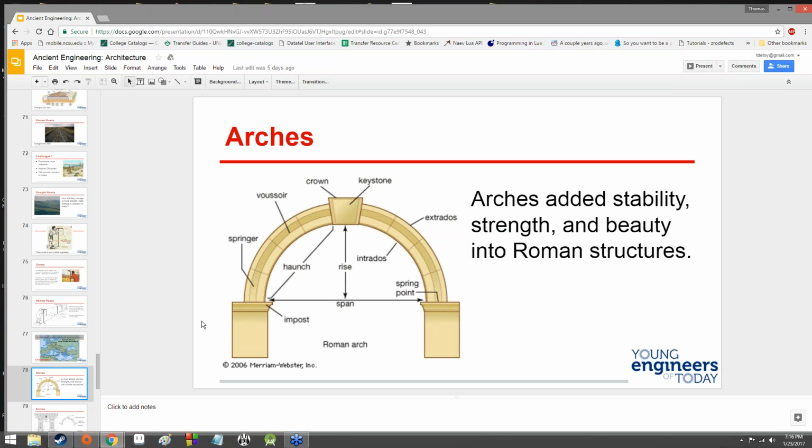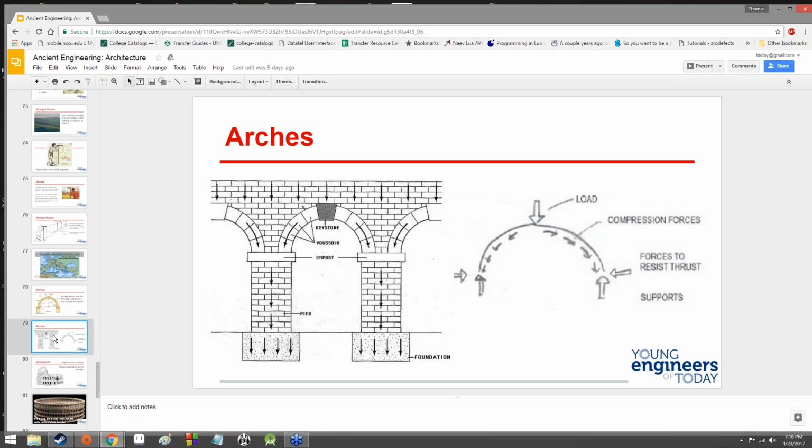As you can see, there's actually a whole bunch of different parts to an arch. And everything has a name because we got to have a name for everything. But essentially, arches not only held themselves up by the way they were structured, they also helped support other structures.